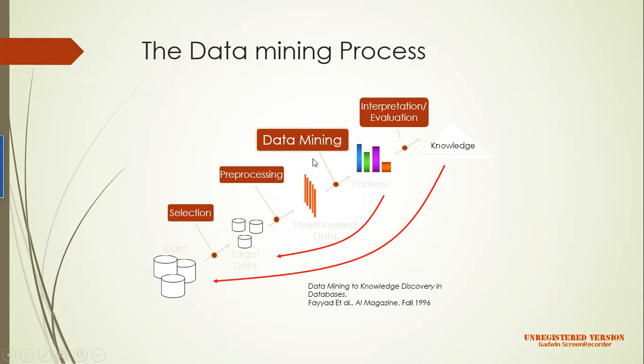Then you apply the data mining algorithms, and from that you get patterns. For example, as I discussed in the first example, a shop owner claims that most of his male customers buy beers along with diapers. Yes, that is a true case that happened in the USA.